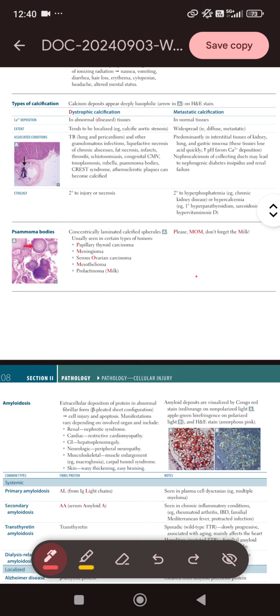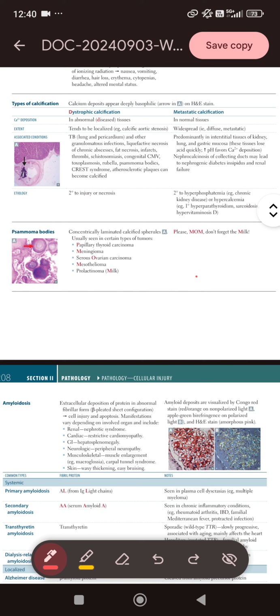Now we should see dystrophic calcification versus metastatic calcification. D is basically for diseased, dead tissue. In abnormal, diseased tissue we can see dystrophic calcification, whereas metastatic is seen in normal tissue.